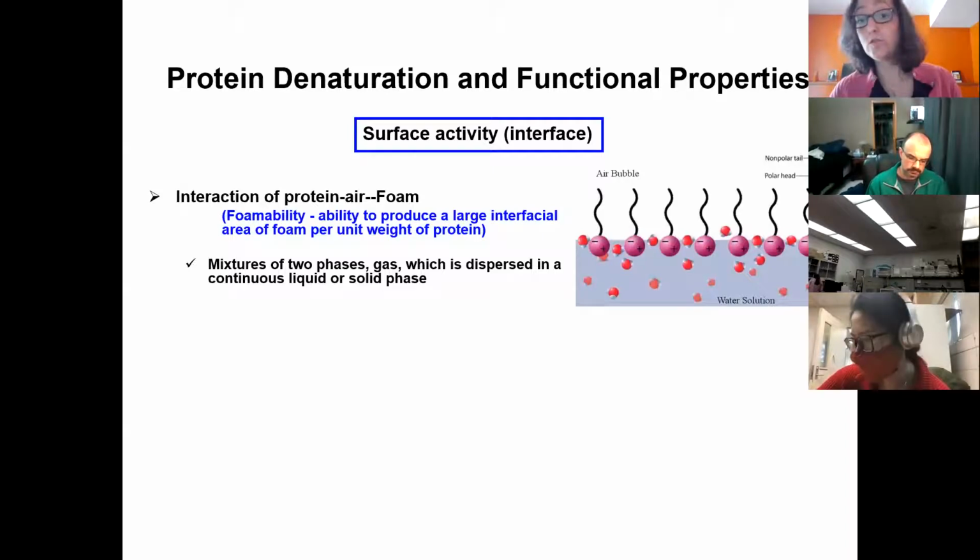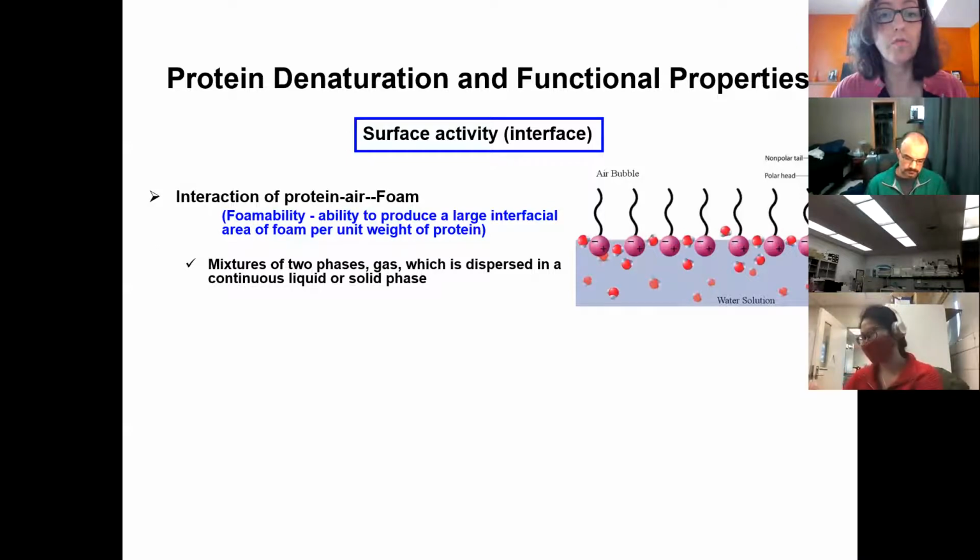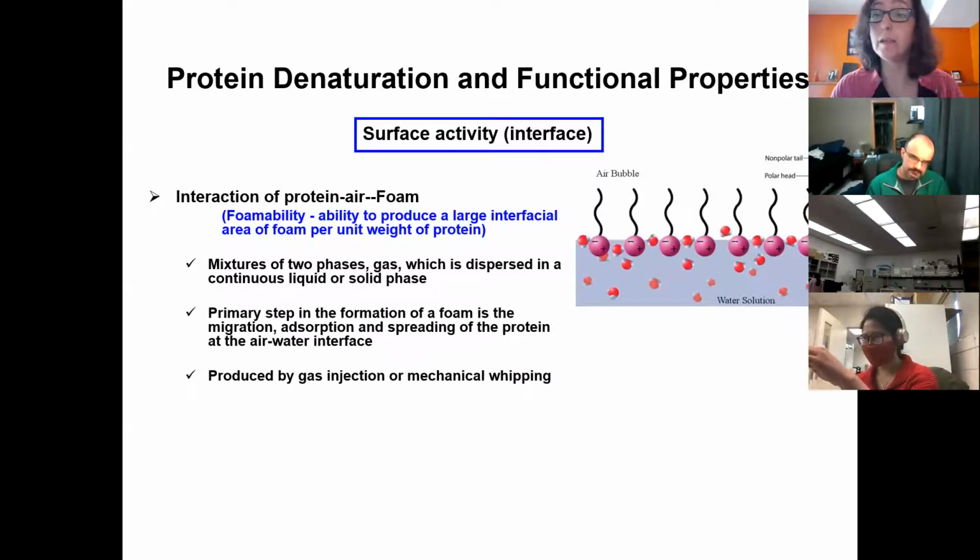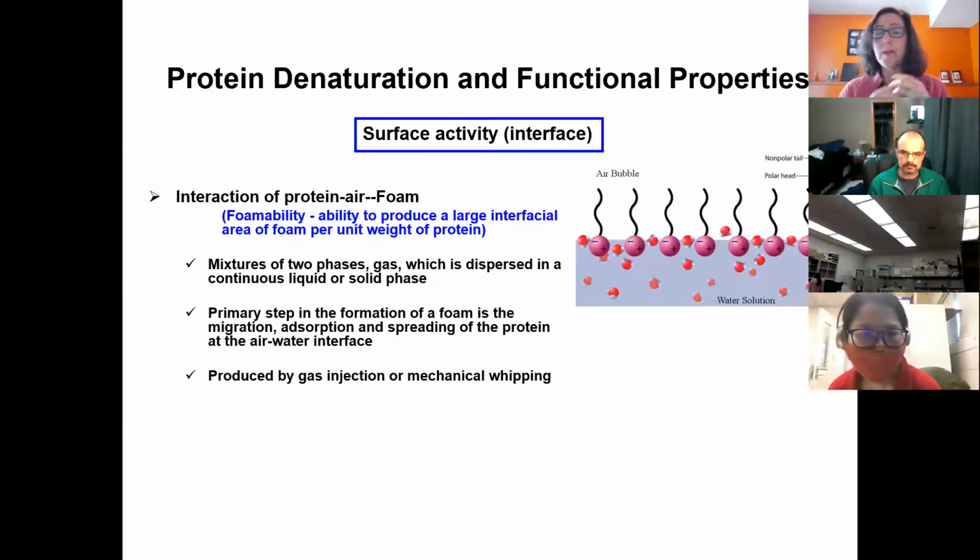Okay, I'll finish foaming. I have a couple of slides on foaming, and then we can take a break. So foaming, kind of a similar principle, where the protein needs to be worked to unfold and orientate. In this case, we still have the aqueous phase with the polar groups, and then your hydrophobic groups towards the air. So we really need to induce this work.